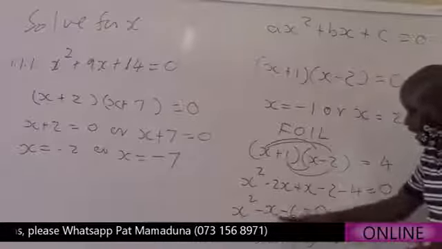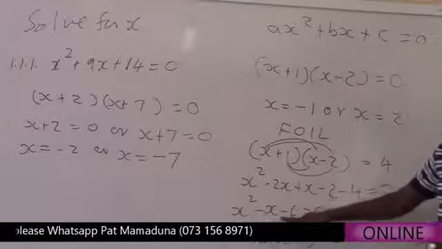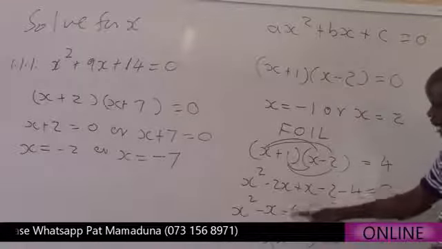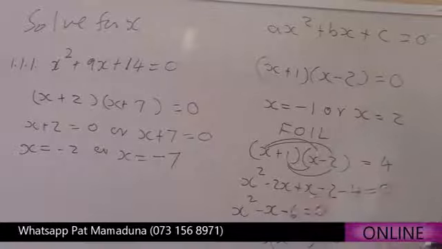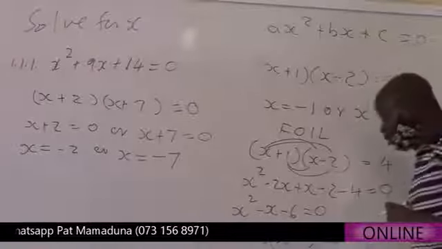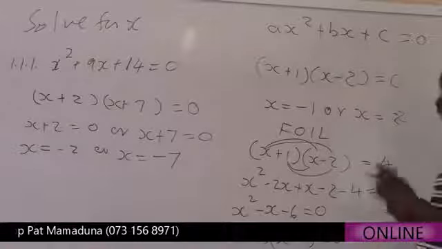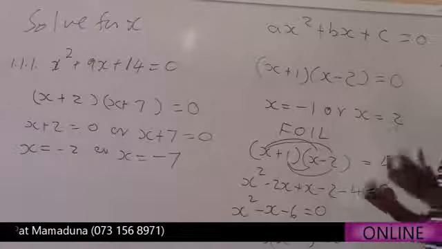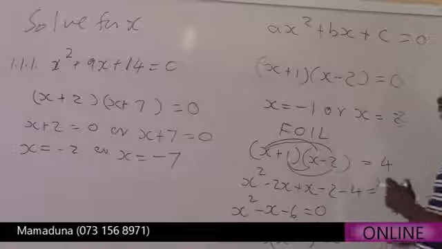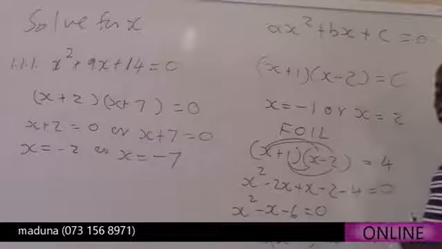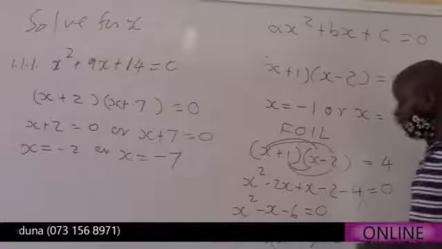But the sign there is negative. We are governed by the sign of the last term, which is our constant. So if the sign there is negative, it means of our factors, one should be negative and the other one should be positive. That is how we factorize.